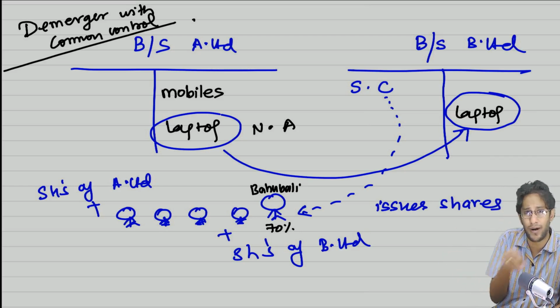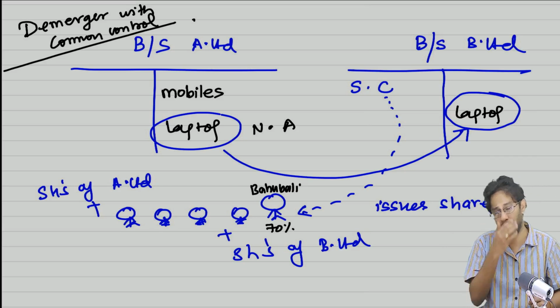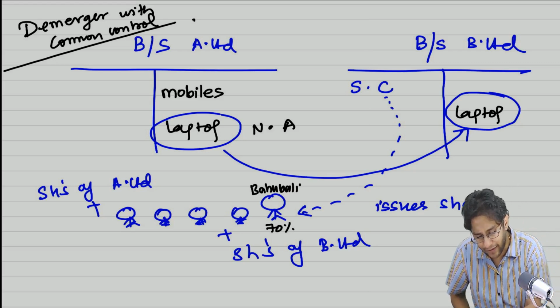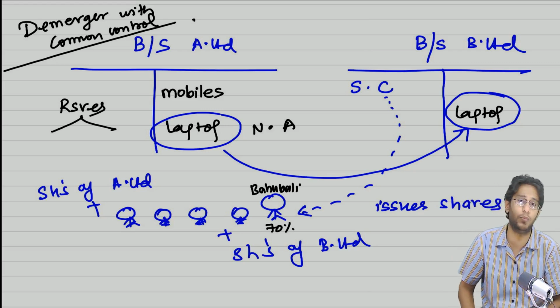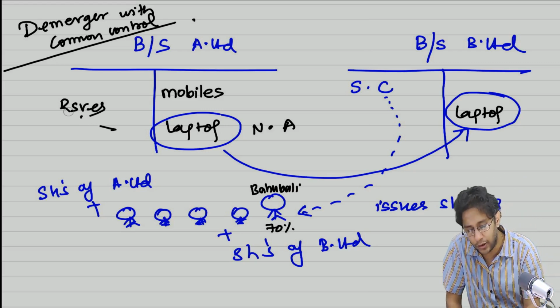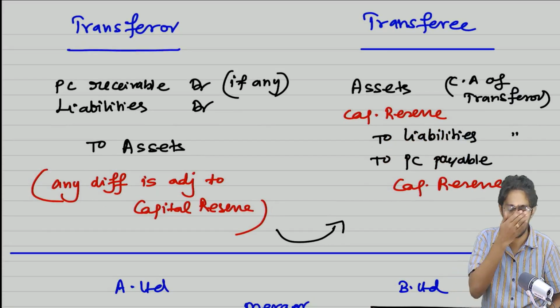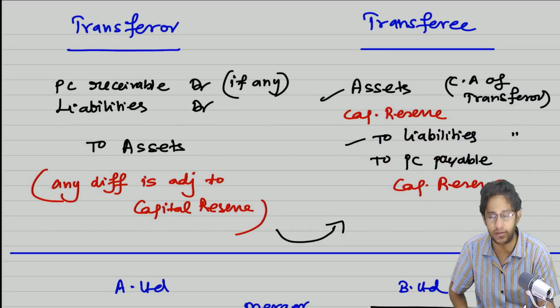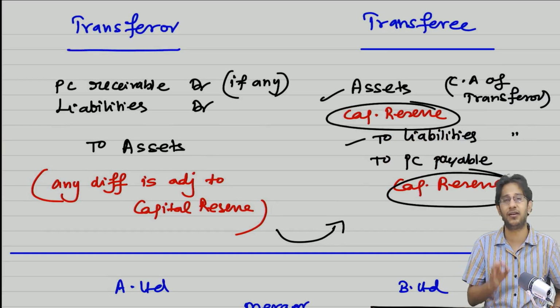But in the case of one division, the reserves of A Limited cannot be split division wise. You will not have data on how much reserves belong to the mobile division and how much to the laptop division. So the ICAI study material answer has been given like this: you incorporate all the assets and all the liabilities at book values, and the gap you adjust into capital reserve. That's the treatment they have done.